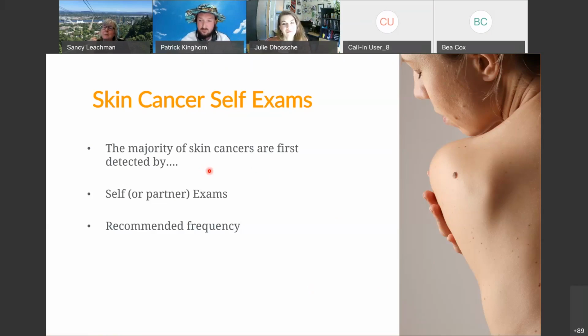But for melanomas, 70% are detected by either the patient themselves or a family member or friend, not the doctor. And that goes to show that really where we need to go to influence people to catch more is to the individual, to help increase this awareness that they need to be catching their own skin cancers.